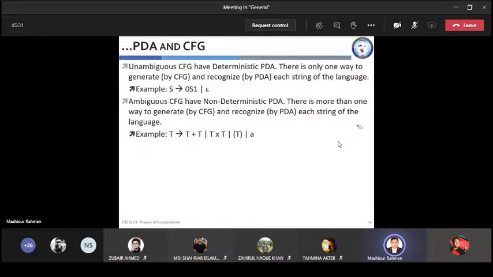That is deterministic. There is only one particular way and the grammar is unambiguous. But if the grammar is an ambiguous CFG, that means it has a non-deterministic PDA. There is more than one way to generate by CFG and recognized by PDA each string of the language. So that's how the CFG is related to PDA.